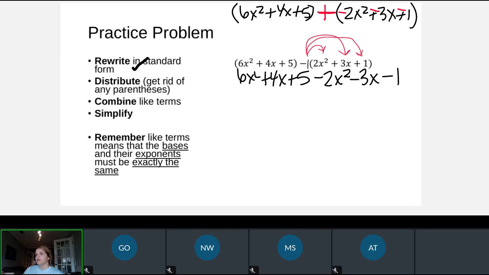What I'm going to do now is go back through and highlight my like terms in the same colors. So 6x squared and negative 2x squared. Don't forget to include the sign in front of your number.